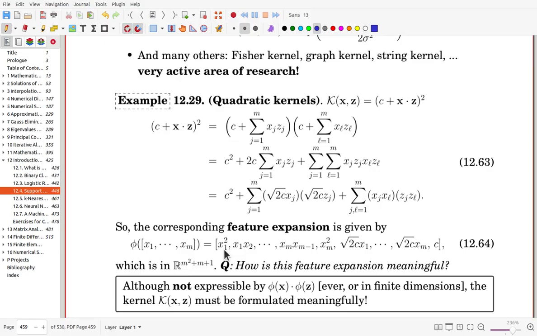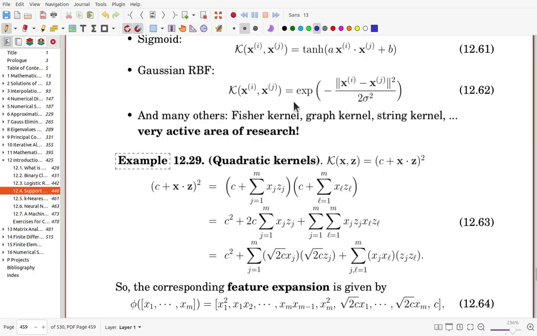In many cases, this kernel function is not really expressed explicitly; sometimes it is of infinite dimension. For example, for this Gaussian kernel, if you try to express this one as phi xi dot phi xj, then this phi function must be in infinite dimensions, so you cannot express it in finite dimensions.